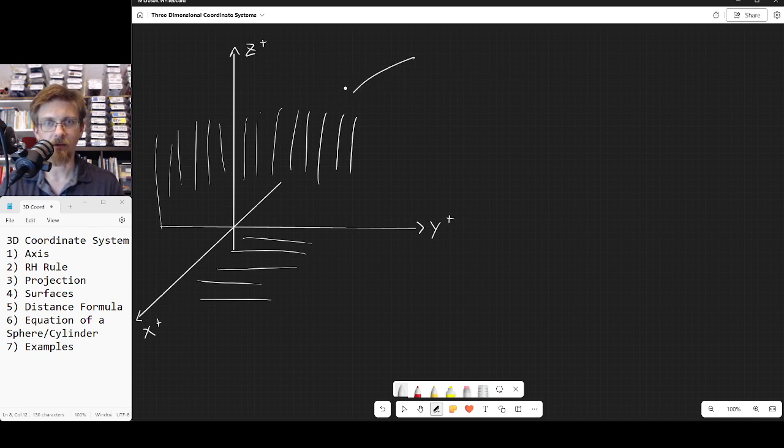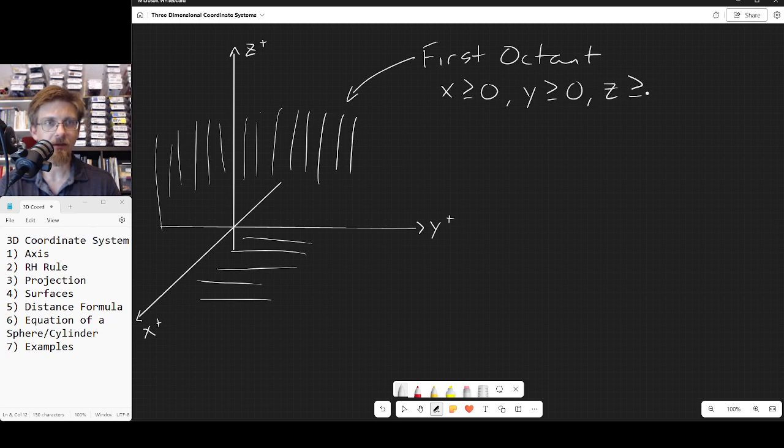That's really what we're going to be worried about. We can go into other octants, but we're only really going to name the first one. The first octant is where x is greater than 0, y is greater than 0, and z is greater than 0.